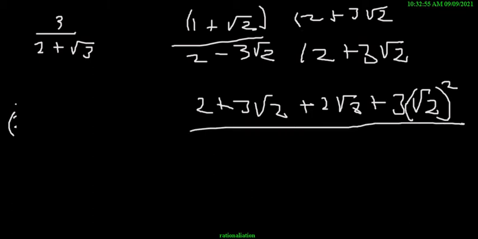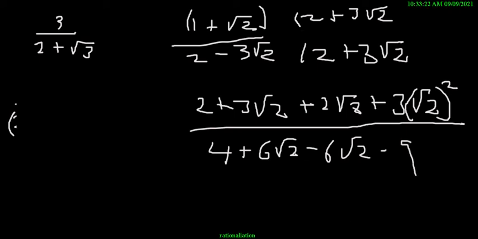Everything over, well, 4 plus 6 root of 2, since 2 times 3 is 6 and the root of 2 stays. Same thing, negative, except negative 6 root of 2. You can see they cancel out, and negative 3 root of 2 times 3 root of 2, that's going to be negative 9 root of 2 squared.